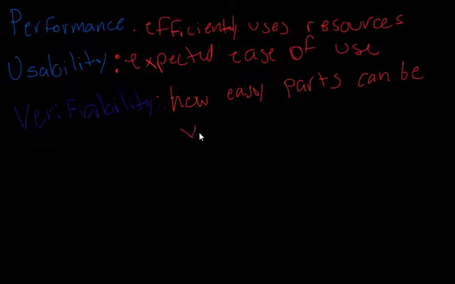So verifiability is pretty much saying this works. We integrated it well and the requirements are met, and verifiability determines how easily you can verify your increments or your modules, depending on which software development lifecycle model you're using. The next one is maintainability.